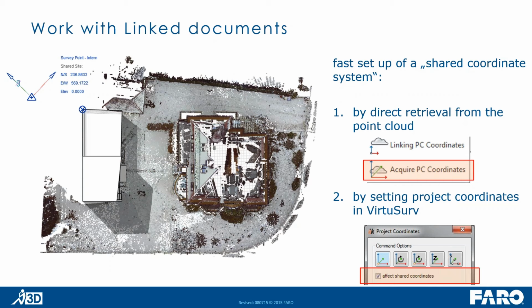That means if you imported the point cloud, you can do this center to center and then adjust the point cloud to your project needs, and then it's easy to acquire point cloud coordinates to define your shared coordinate system, if you want to use your project together with other linked files, for example with CAD files or with other Revit files.